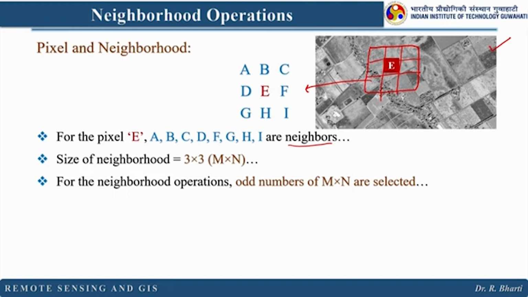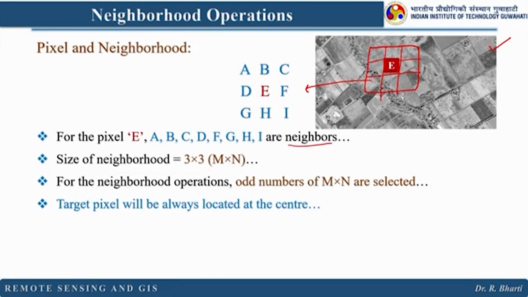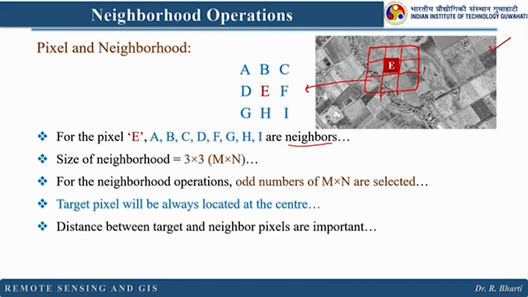It has to be an odd number. Why? Because your center has to be located at the center. So that is the reason. And the target pixel will always be located at the center. Distance between target and neighbor pixels is important.